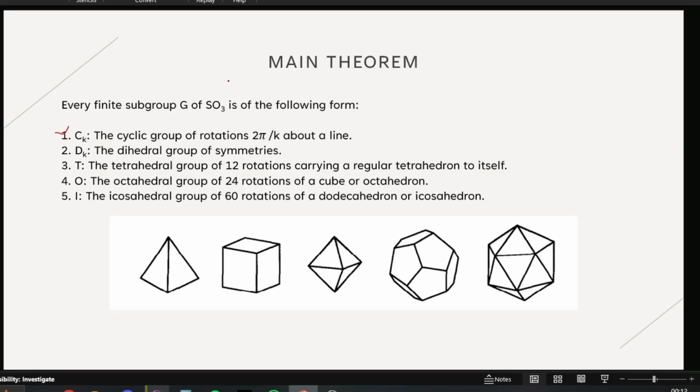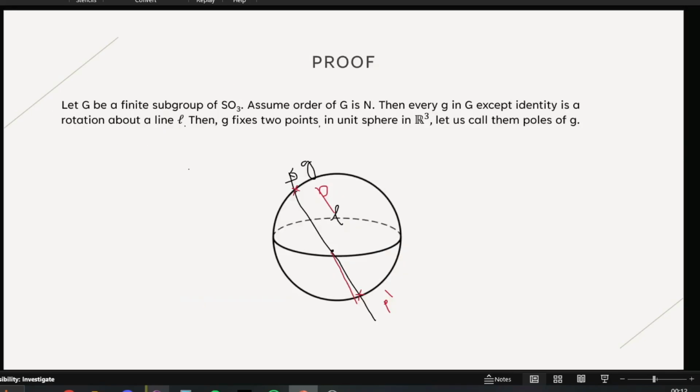It can either be the cyclic group, dihedral group, tetrahedral group, octahedral group, or icosahedral group. To work with this, we first took a unit sphere, and then we defined that every orientation preserving rotation will pass through a line, and that line will meet the unit sphere at 2 points. We call them poles.